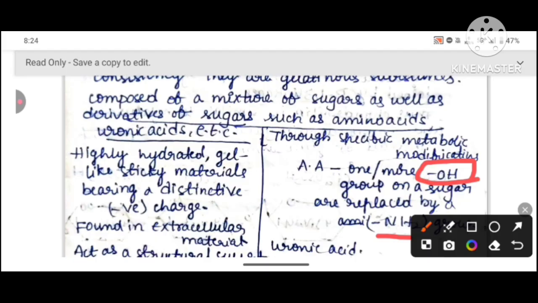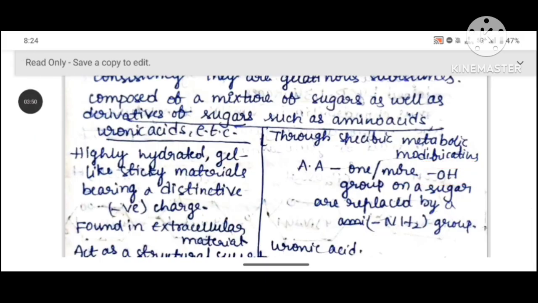If the carbohydrate contains polyhydroxy groups, in order to derive the amino compound from this carbohydrate, a hydroxyl group on the sugar molecule will be replaced by an amino group. This is how an amino sugar can be derived from a sugar. This is also part of the composition of mucopolysaccharides.